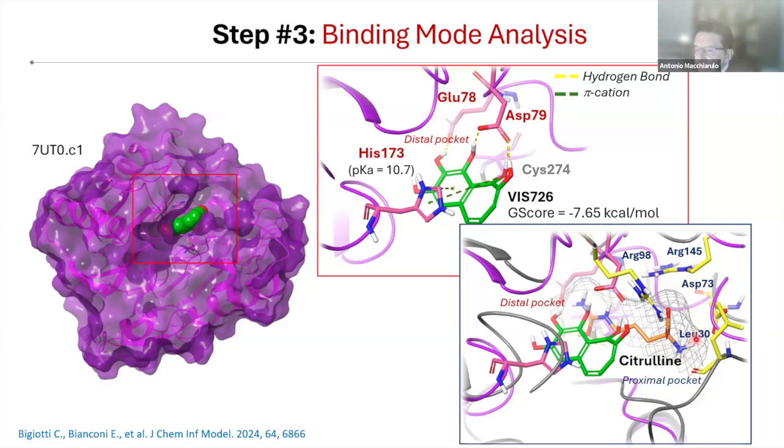And this may explain, at least in part, the results of the kinetic assays, in which we have seen a mixed behavior where this compound is not able to produce a full competitive inhibition of the enzyme when tested against ADMA.